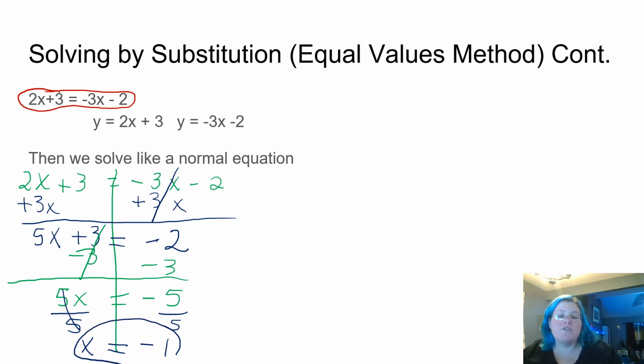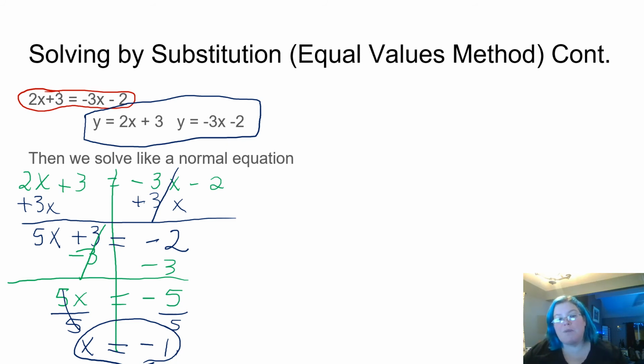So my solution for x is x equals negative 1. Now I know part of my solution, because remember, we're looking at this system: y equals 2x plus 3 and y equals negative 3x minus 2.